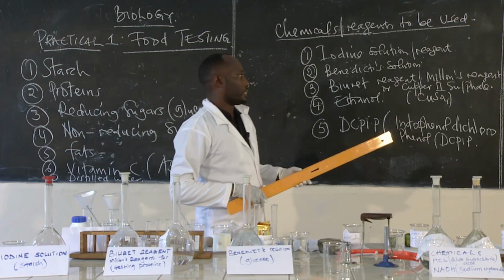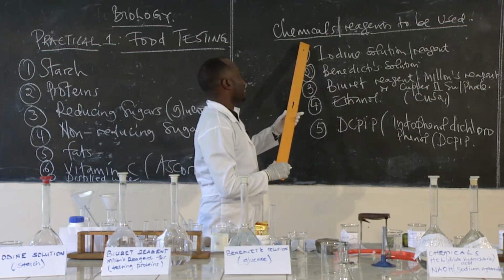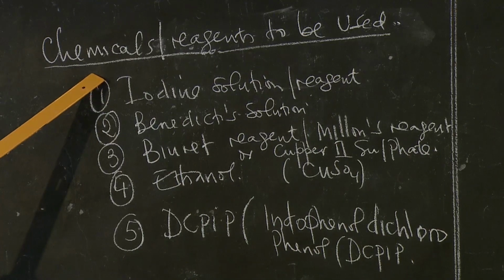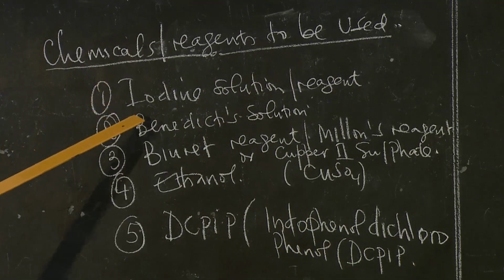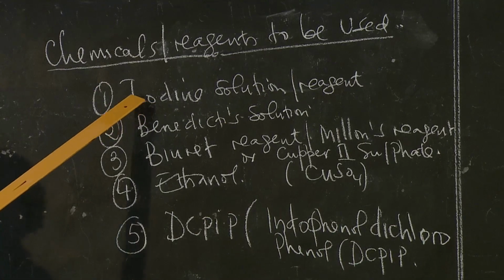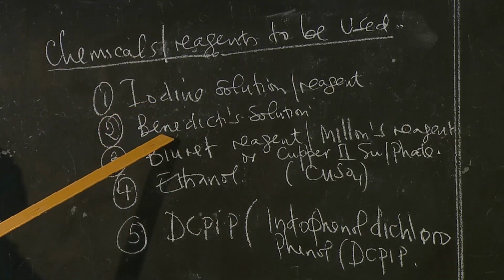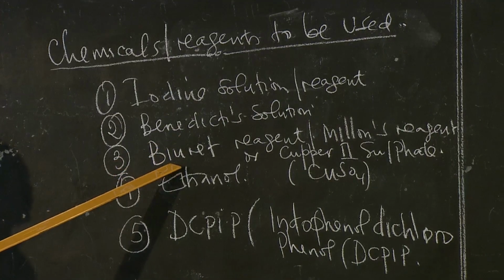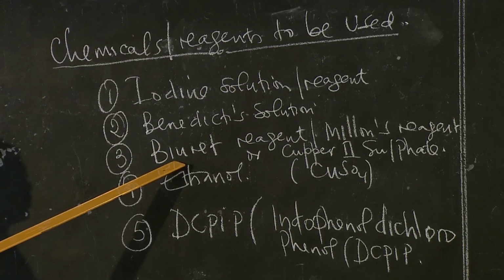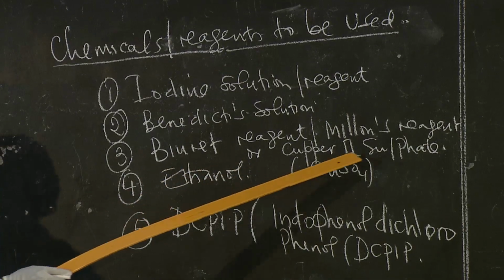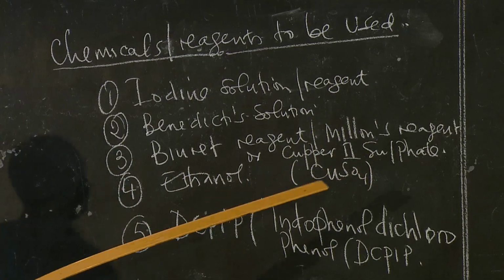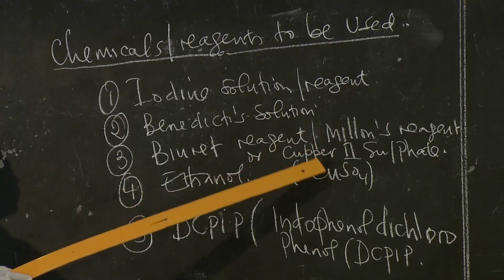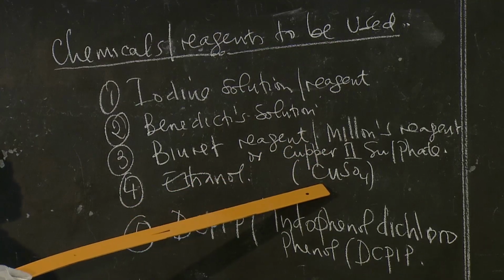So students, here are the reagents and chemicals that we're going to be using today in testing the food components. We're going to be using iodine solution or iodine reagent, Benedict's solution, and Biuret reagent or Millon's reagent or copper sulfate. These can be used for testing the presence of proteins in food.